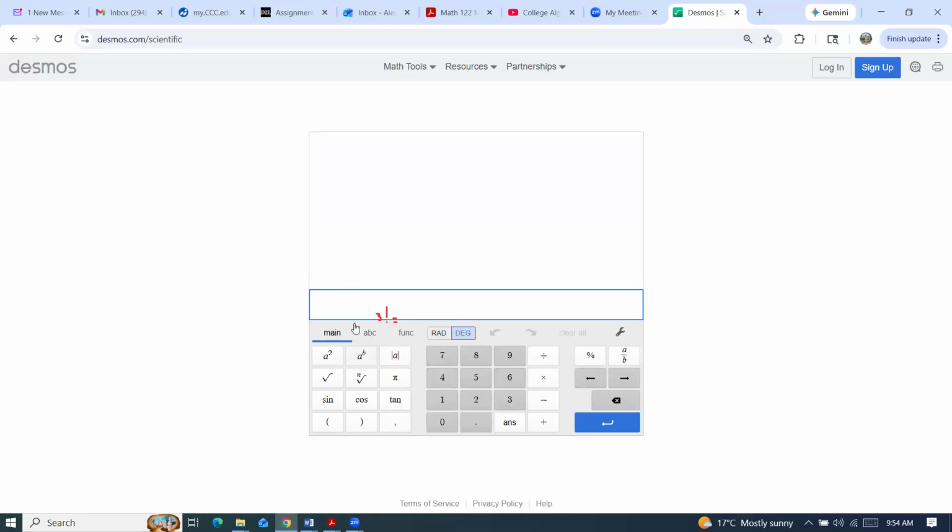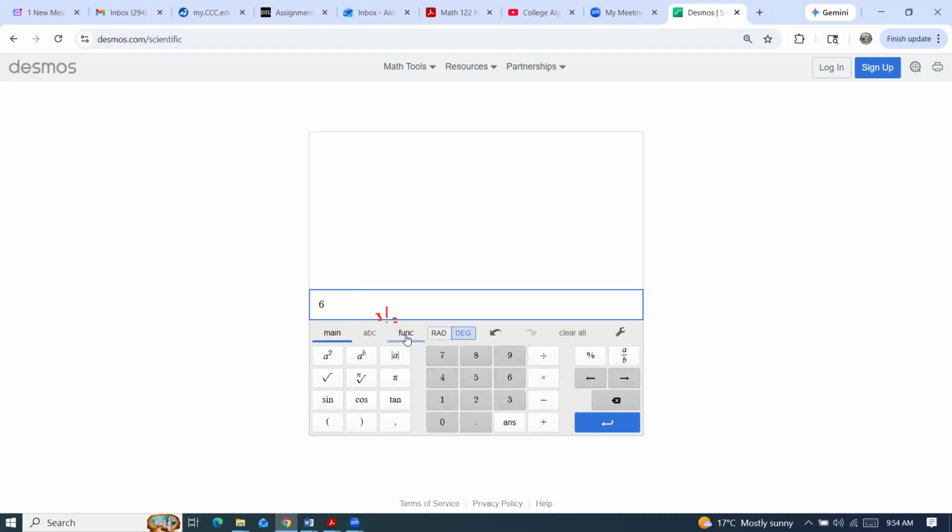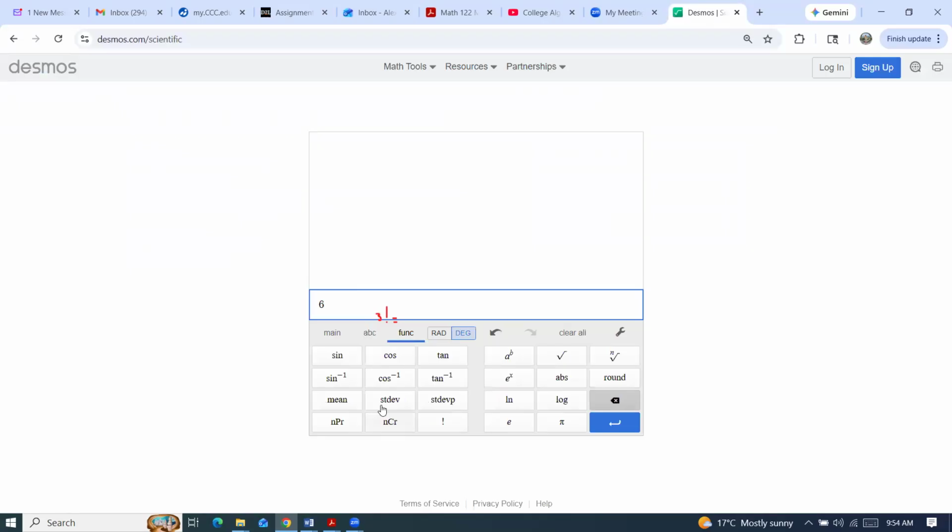That exercise was asking you to find 6 factorial, so to get that exclamation mark, you go to functions. There is a main menu, and there's a function menu. And you can see that factorial is here. So you just click on it and you get 720.